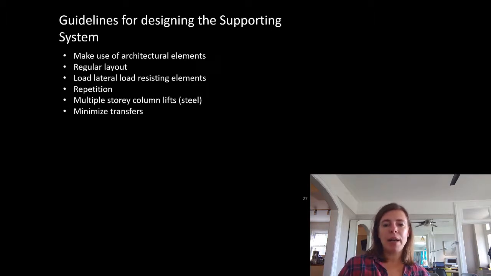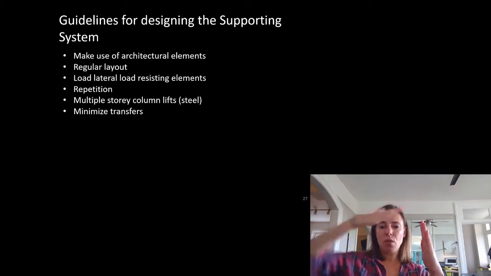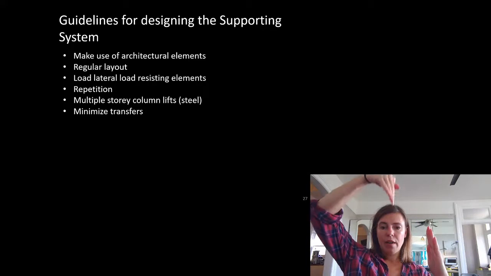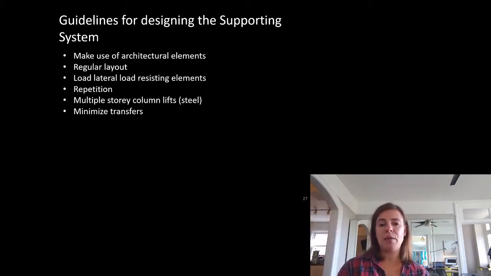And again, minimizing transfers. We've got 2 columns here, a beam here, and another column coming down in the middle. That is an expensive thing to do, so we try to eliminate that possibility. Having our columns go from the roof all the way down to the foundation in the same spot all the way around the building is going to make for the cheapest system too.